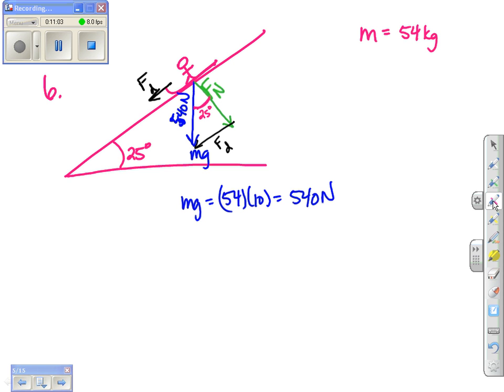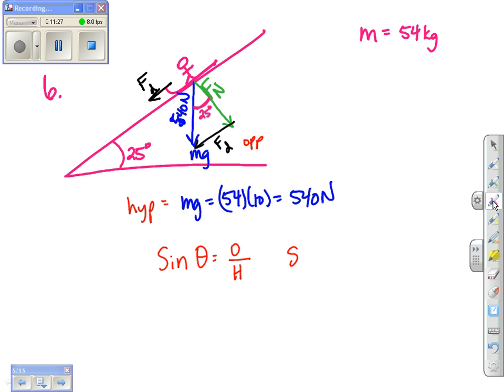So if that's the case, we can find our FD because our FD is, let me pick a different color, let's do red. FD is the opposite from our angle, whereas the 540 or the mg is our hypotenuse. Opposite and hypotenuse are sine. So sine of our angle equals opposite over hypotenuse.